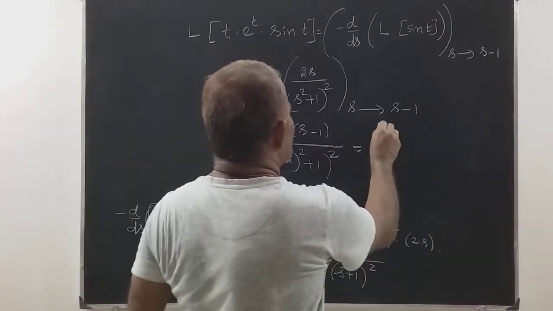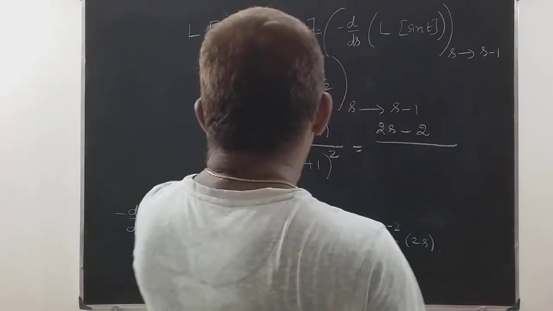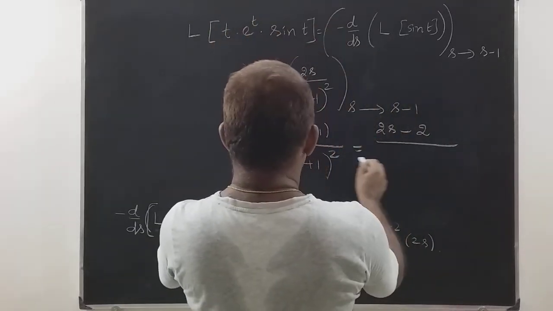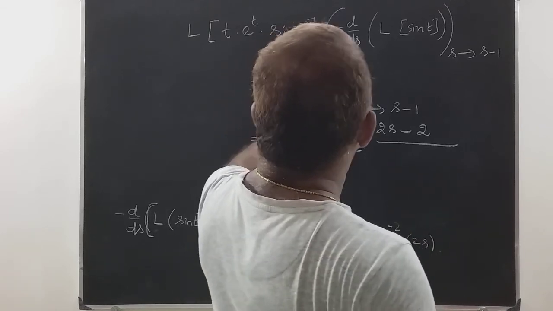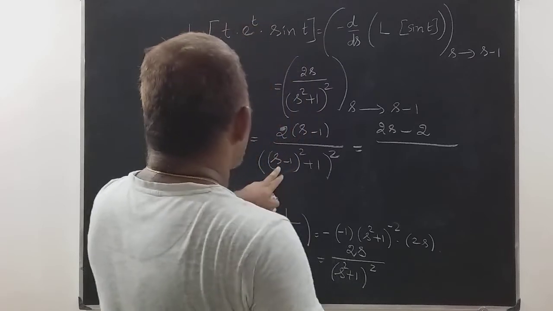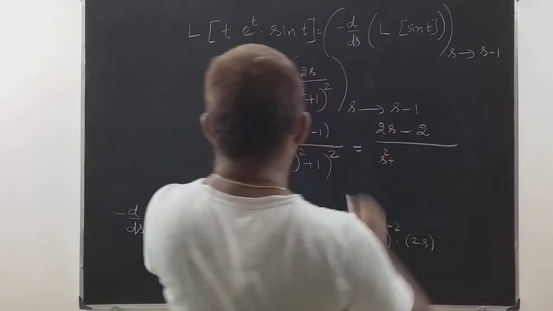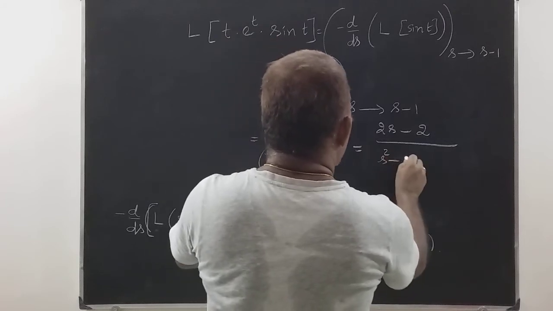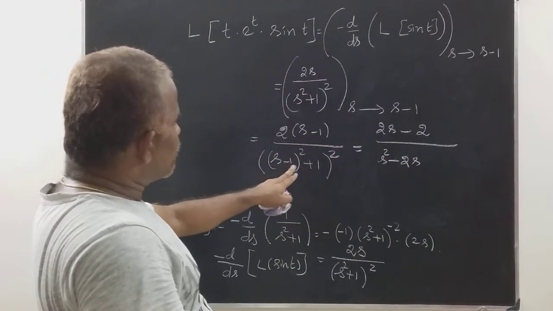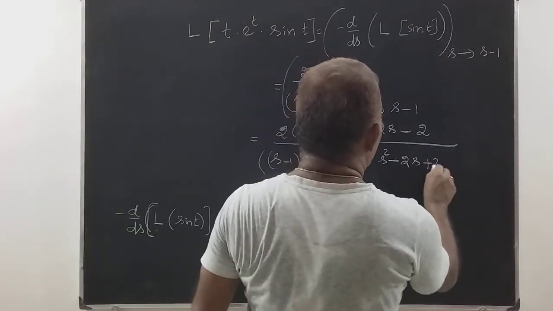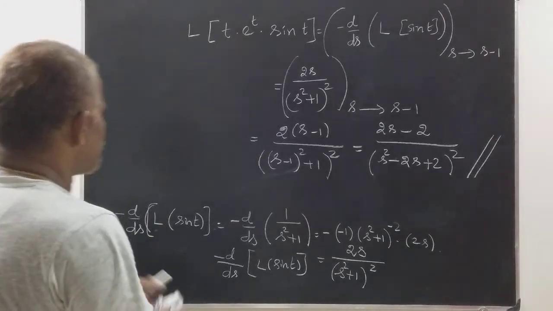This is equal to 2s minus 2 divided by, here is s squared minus 2s plus 1 plus 1, that is plus 2, the whole square, which is our required result.